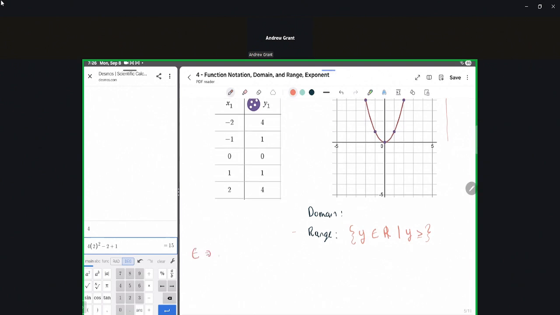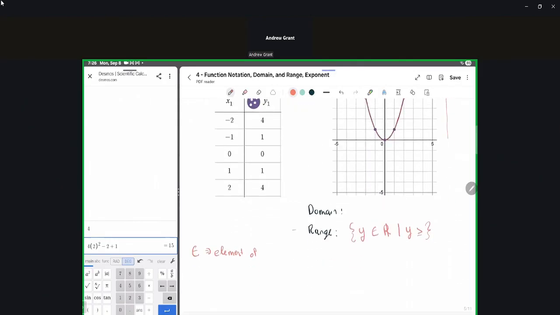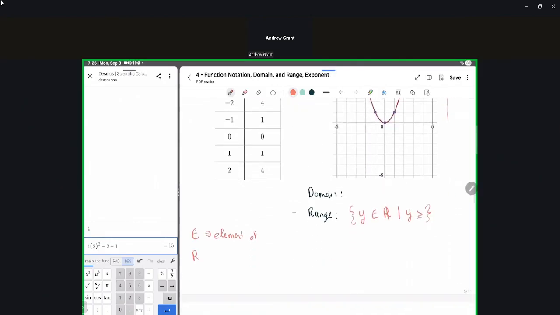This kind of backwards e means that this is an element of, and that's a fancy way of saying what values is it allowed to have. And that R with a line through it is the symbol that represents real numbers. So if you take out a ruler right now, those are all of the real numbers. There are other sets of numbers, but for our purposes, all you need to know is that we have real numbers.